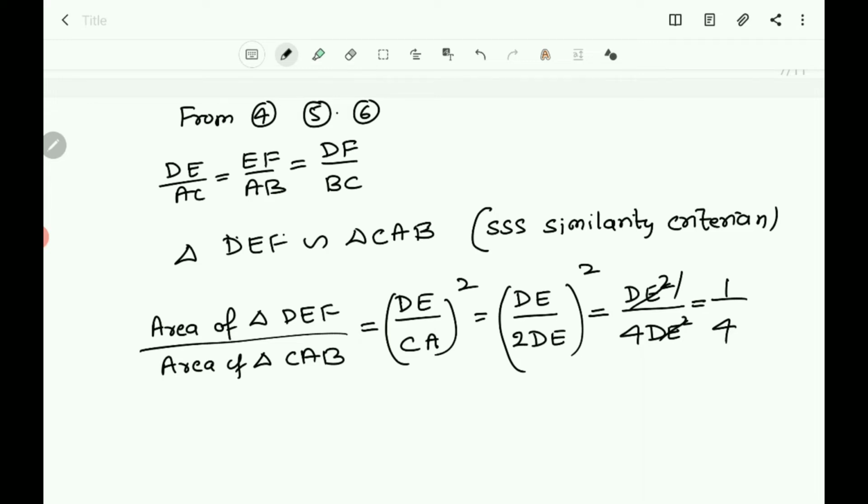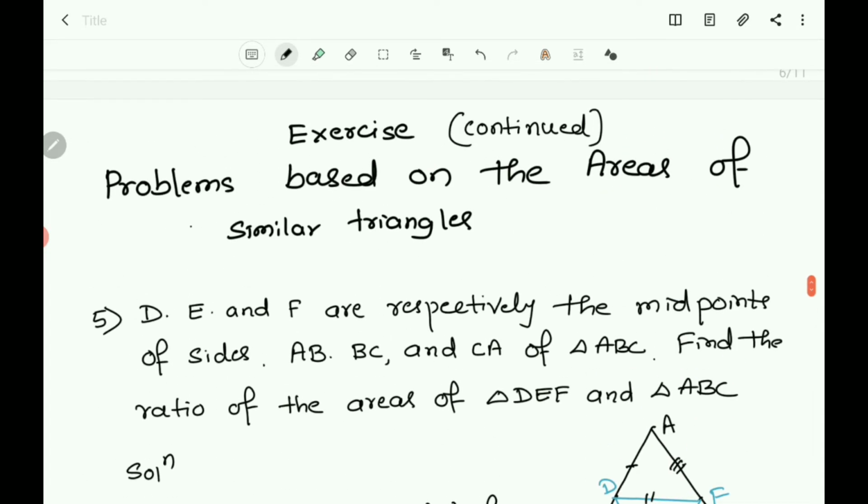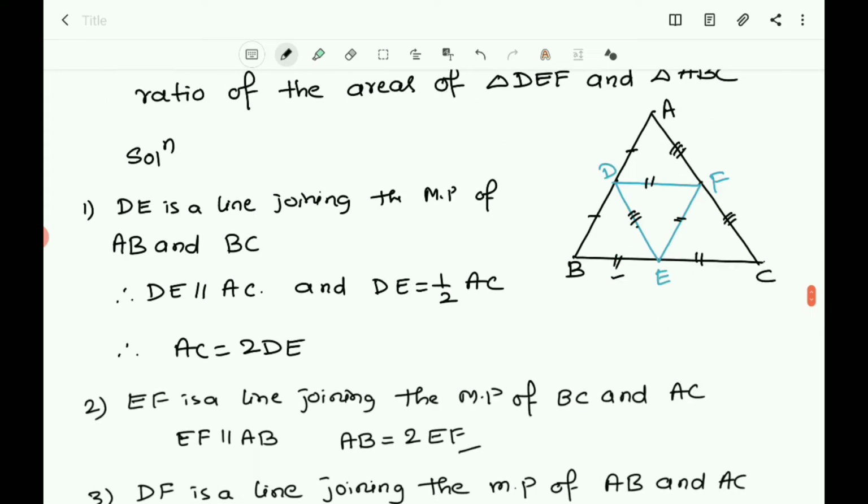So the ratio of the areas of triangle DEF and triangle ABC is 1 to 4.